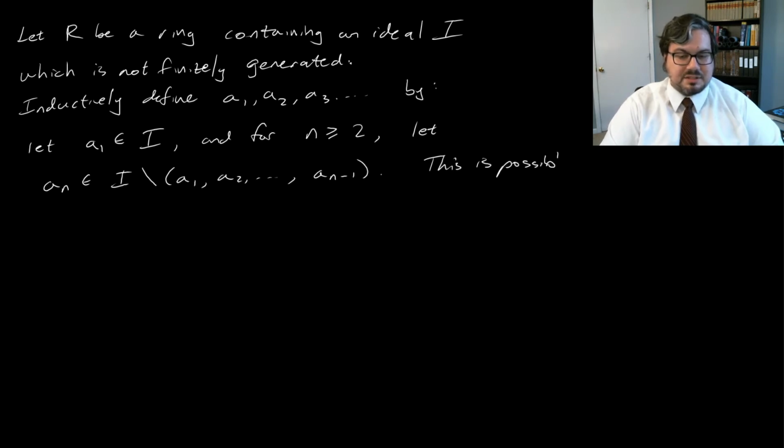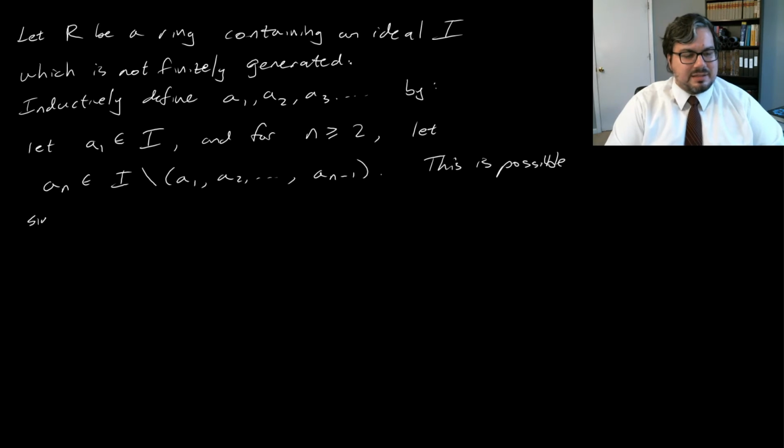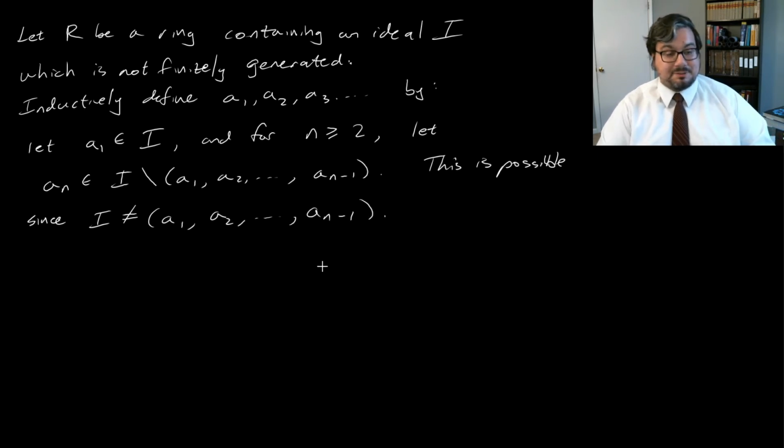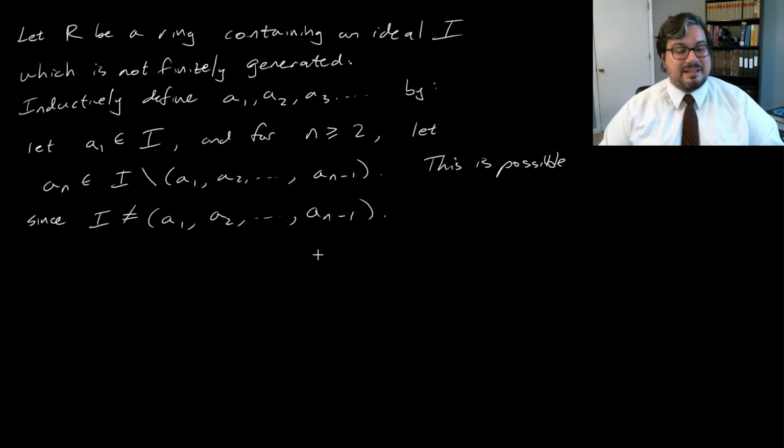We always know that this is possible since I is not finitely generated, and so in particular it could never be equal to an ideal generated by a finite number of elements. So we can always pick something in I that isn't contained in the ideal generated by the first n minus 1 elements, which is finitely generated.